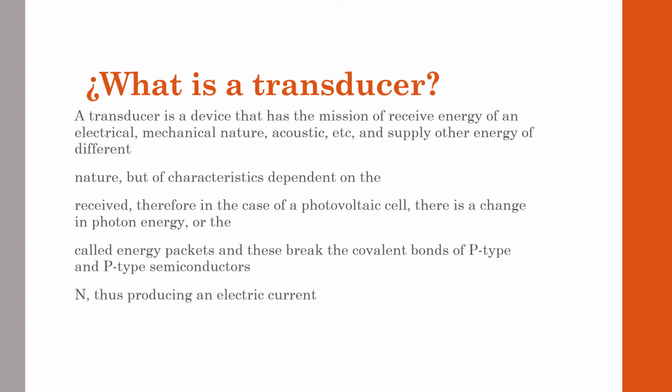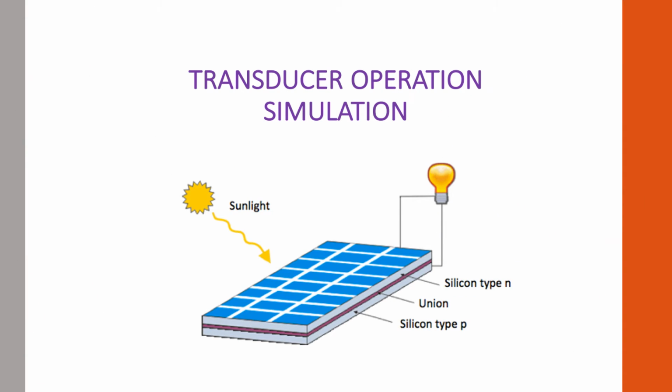Therefore, in the case of a photovoltaic cell, there is a change in photon energy, the so-called energy packets, and these break the covalent bonds of p-type and n-type semiconductors, thus producing an electric current. Next, I will explain how the transducer works, that is, the operation of a photovoltaic cell.